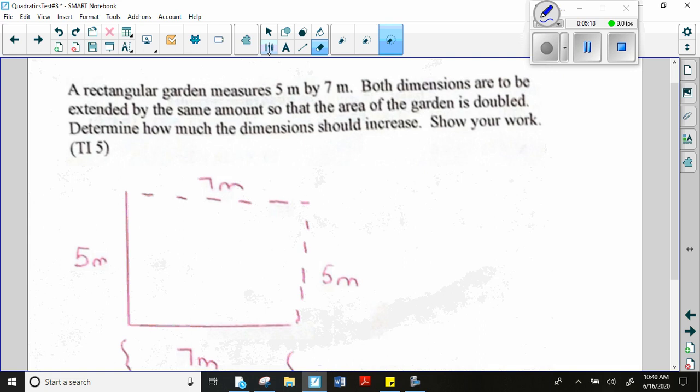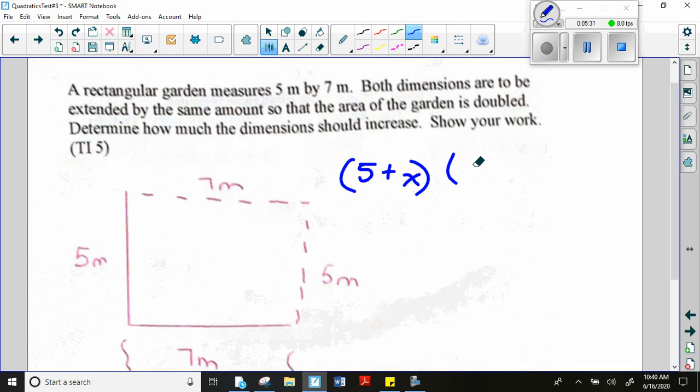So they are going to increase by, we don't know how much. That's what we're trying to find. But I know that it'll be 5 plus x, which will be one side of the garden, and then 7 plus x on the other side, because it's getting bigger by that amount on either side.